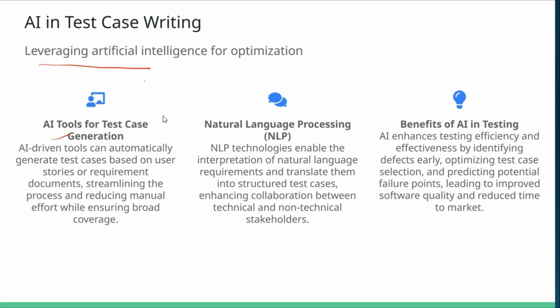What is the benefit? First of all, it makes your work easy. Or maybe you could write a test case, and then provide a prompt to AI and make it better, increasing its effectiveness.